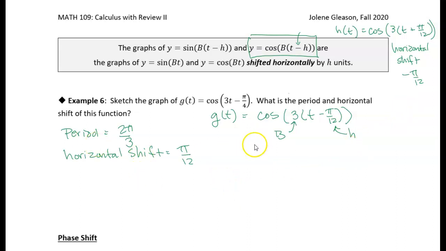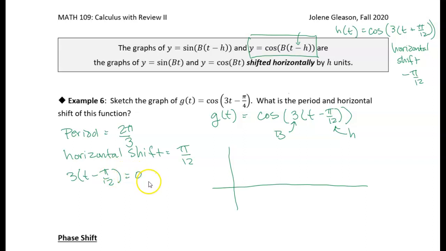In my notes, I graphed it. If you wanted to graph it, you could find the start and end of a period. It's going to start when 3 times t minus pi over 12 is equal to 0.